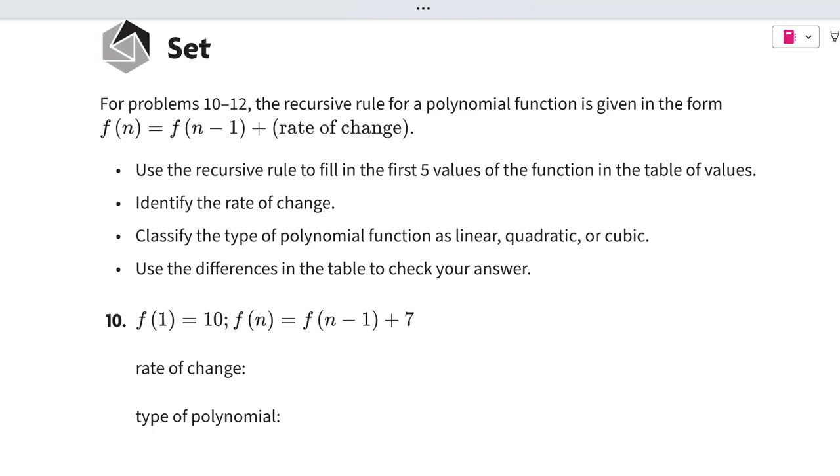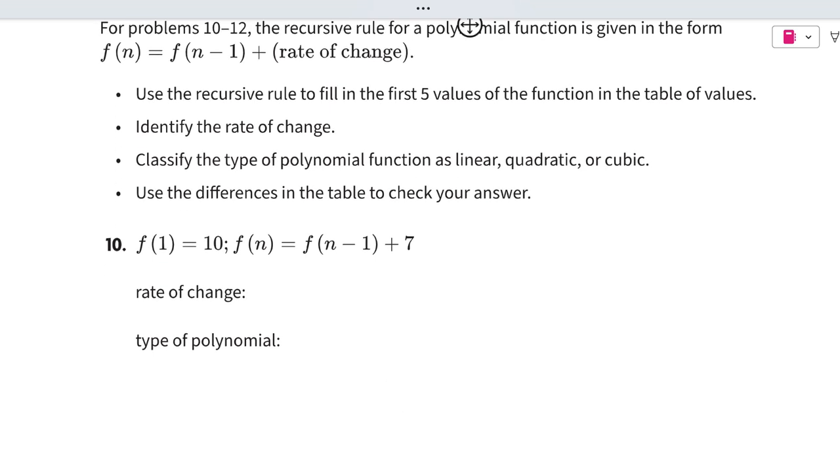It wants us to identify the rate of change, classify the type of polynomial as linear, quadratic, or cubic, and use the difference in the table to check your answer. So, rate of change. Well, it tells us that the rate of change is this value added at the end, so our rate of change is 7. Since that's a constant rate of change, this is going to be a linear polynomial.